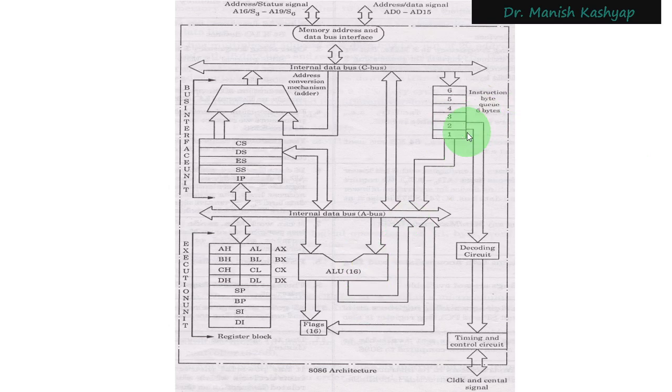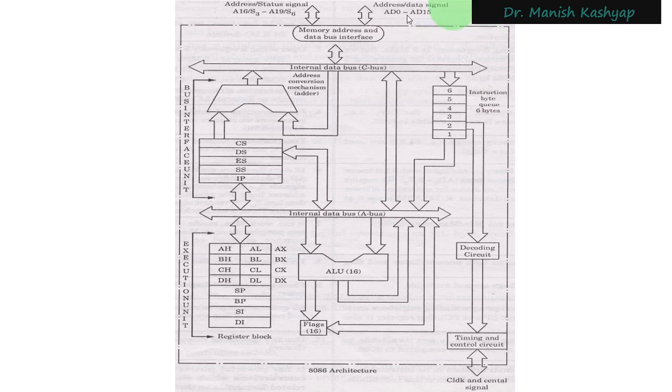But here, once you fill this queue, you start executing instructions from the bytes here, and this queue never gets empty, right? It keeps on fetching instructions so that the fetching part does not interfere with the execution part.